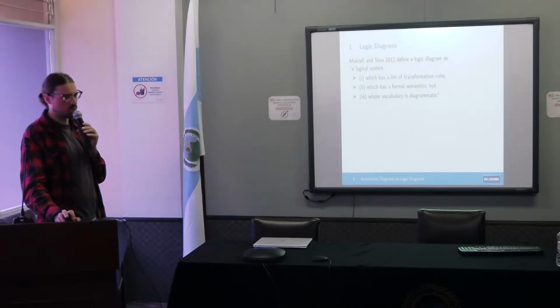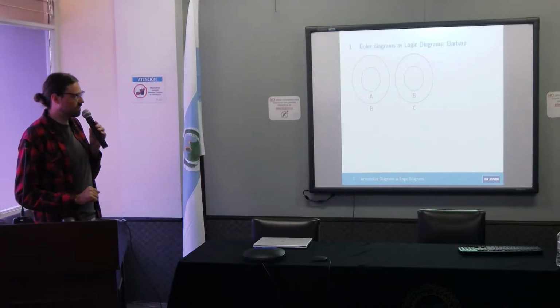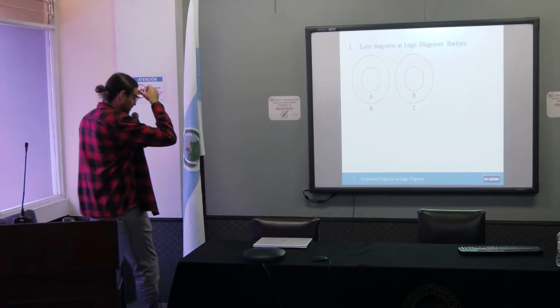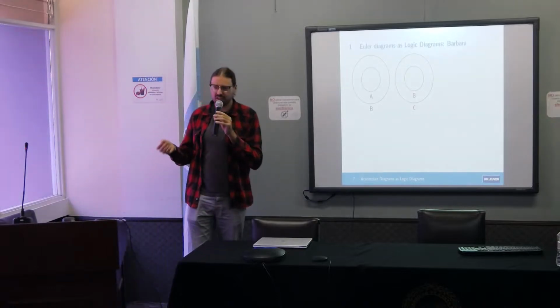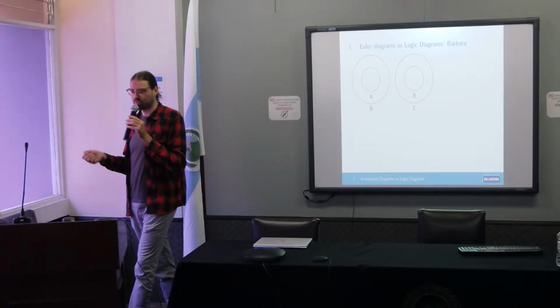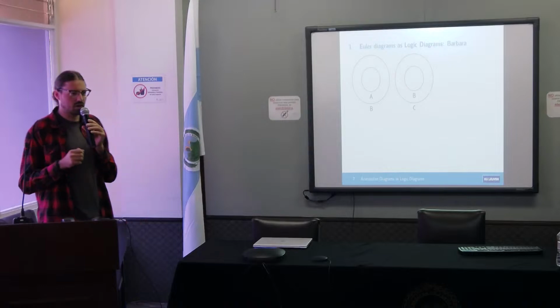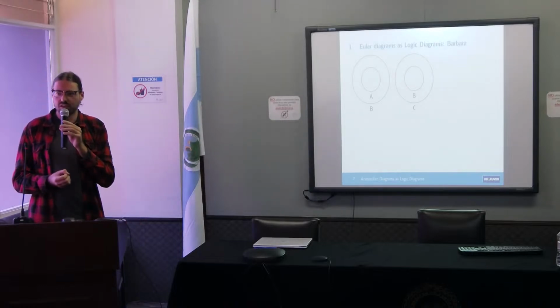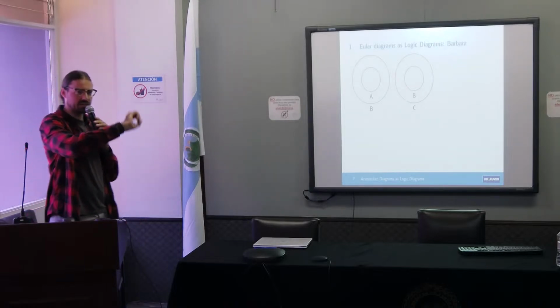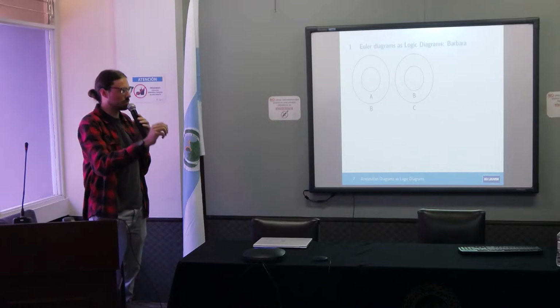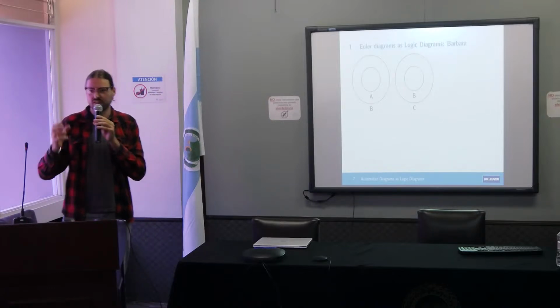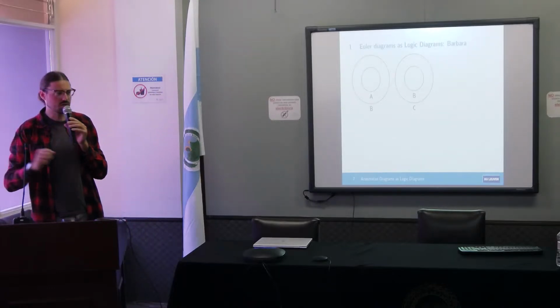And I'll just give one example of what's studied in this tradition. They'll, for example, say Euler diagrams are logic diagrams. Why? Because we can have a logic of these Euler diagrams where we can use some diagrams as premises, and then we have some rules, and with these rules we can infer another diagram, a conclusion.